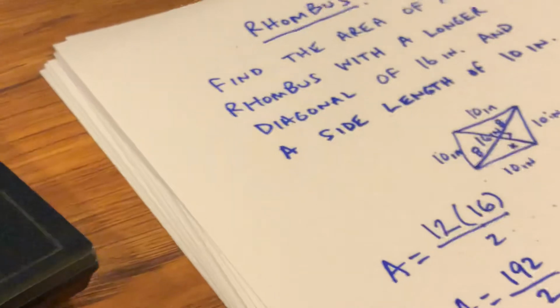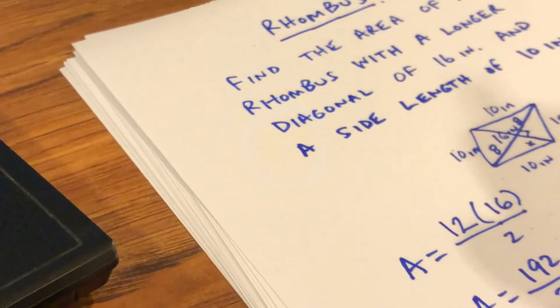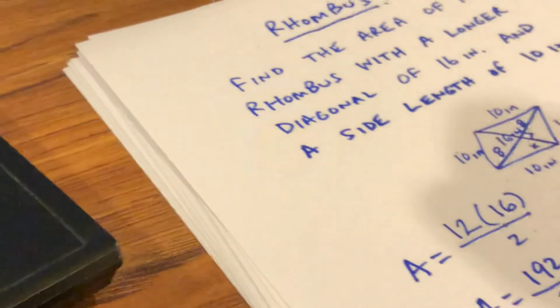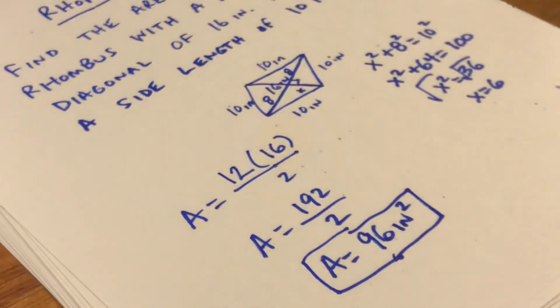If I take 192 and divide it by 2, that gives me an area of 96 square inches. And there is my area for my rhombus.